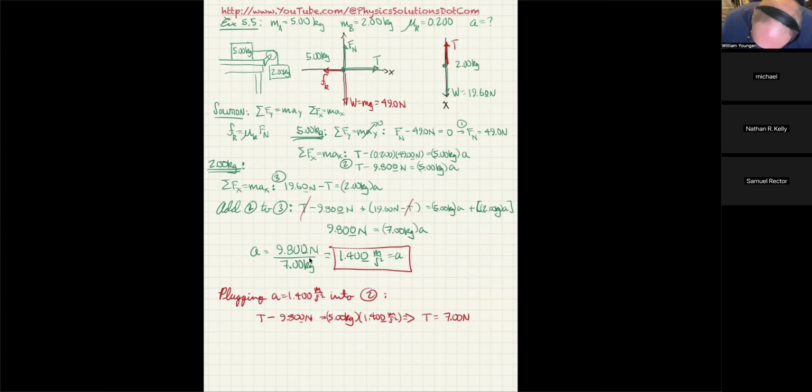And then I've got to pull the 9.8 to the other side, so that'll be plus 9.800 newtons. So finally, I can say that the tension should be 7 plus 9.8, which would be 16.80 newtons is the tension in the rope. And you can see that tension is about 17 newtons, whereas the weight of the actual 2 kilogram box is 19.6. If it was a full 19.6, then obviously the box wouldn't accelerate downward at all. So it makes some sense that it is a little bit smaller than 19.6. Anybody have any questions on that one?